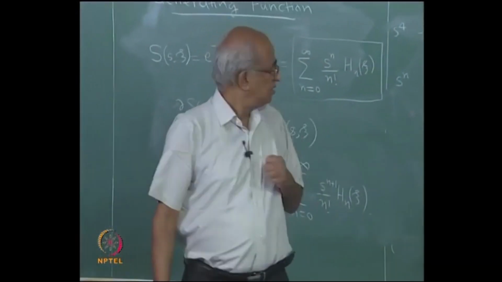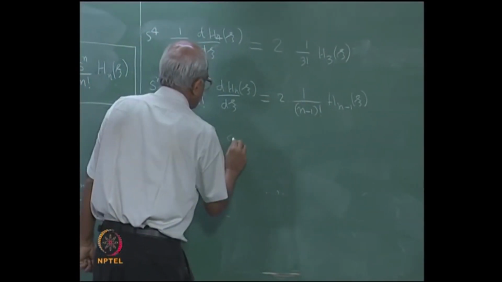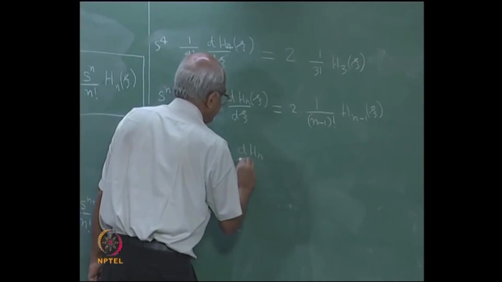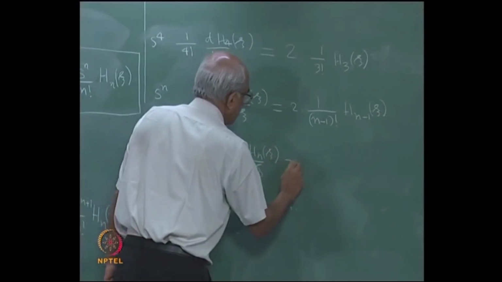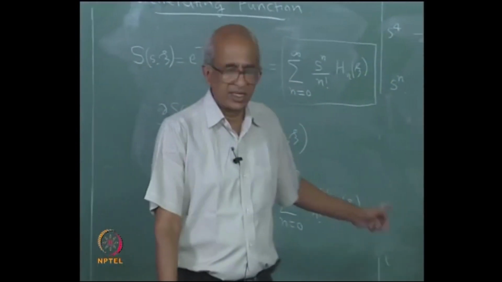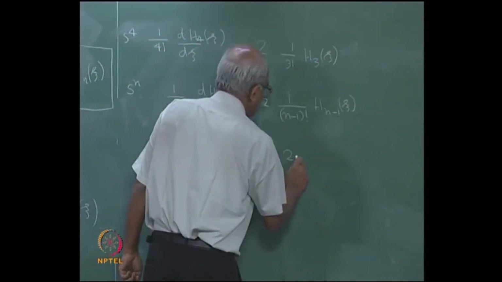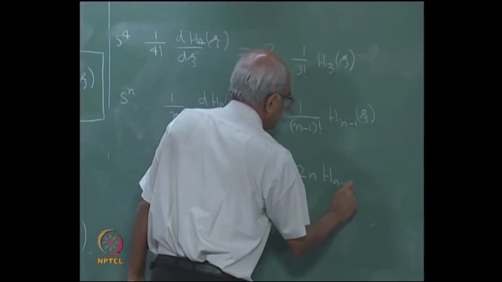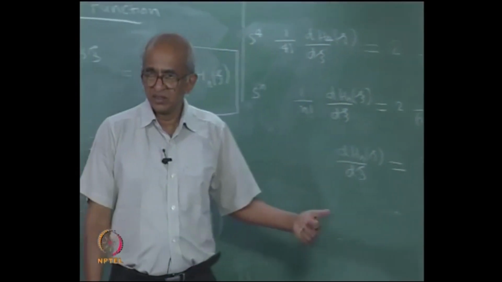right. So therefore what this says is that these functions hn are such that the first derivative of hn is actually equal to 2n times h n minus 1 c, correct.